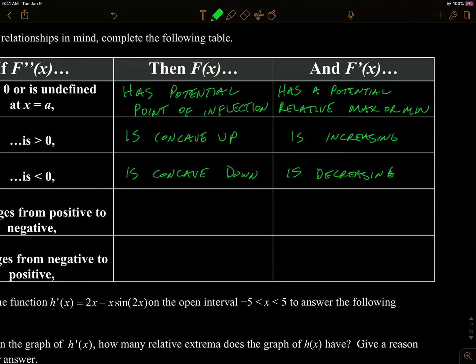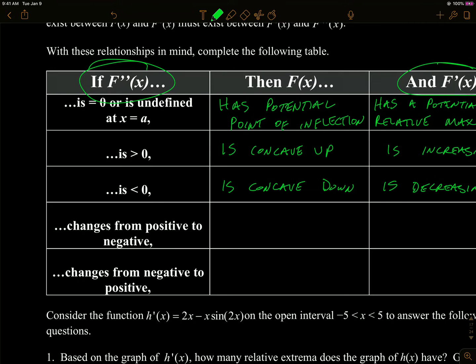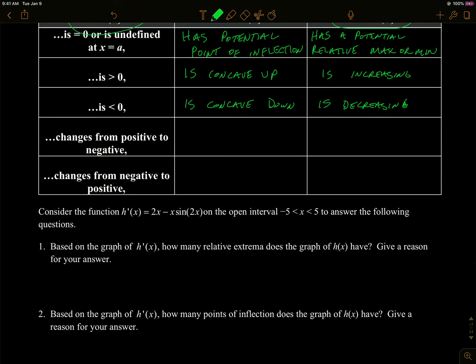Because the relationship between the first derivative and the second derivative is that they're just one derivative away from each other. So wherever the second derivative is positive, the first derivative is increasing. Wherever the second derivative is negative, the first derivative is decreasing, and so on.